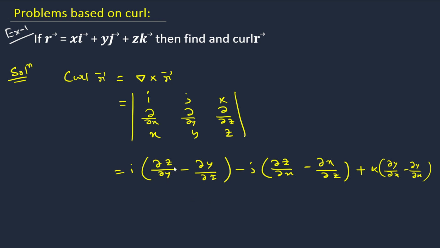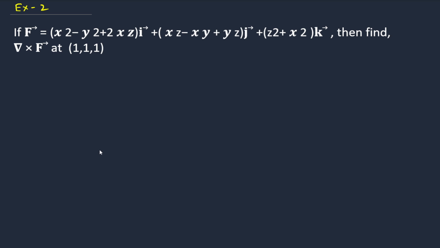Now since we are doing partial derivative, if we differentiate z with respect to y, it will become 0. If we differentiate y with respect to z, it will become 0. So in that way all the terms will become 0. Since curl of a vector field is a vector quantity, we have to write 0 bar.